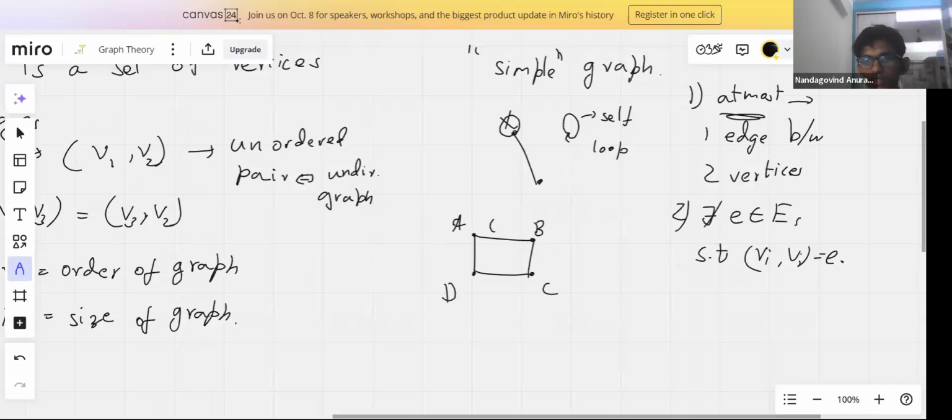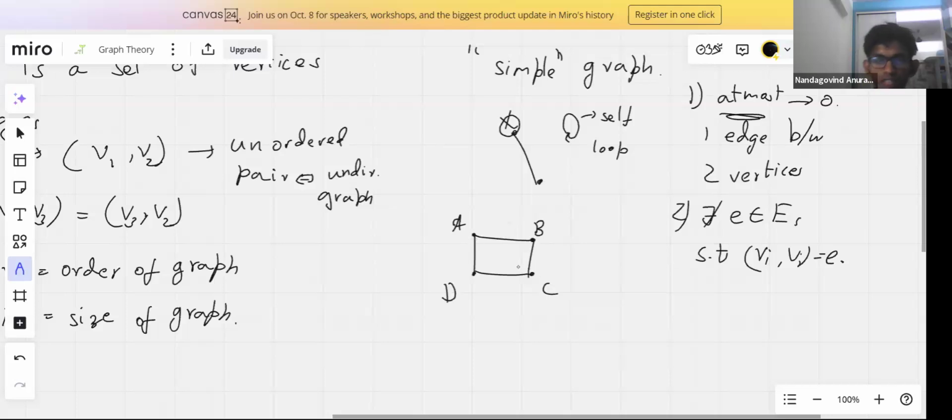So you can have 0 or 1. What this specifies is that you can't have AB two times; that is not a simple graph. But you don't need every edge to exist. If every edge exists, we call it a clique or a complete graph. This is considered a simple graph because between any two points there's at most one edge.